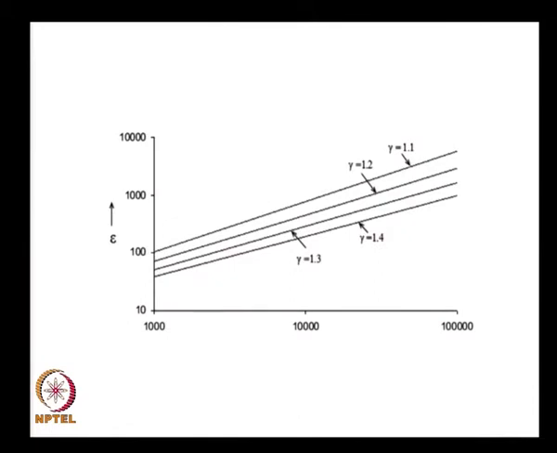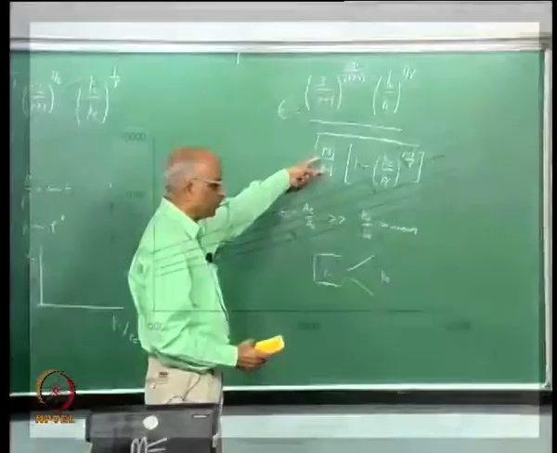Here again the value is PC by PE as a function of the area ratio. You find that as gamma decreases, I need a larger value of the area ratio. In other words, if my gases have a smaller value of gamma, then I need a larger area ratio to give me the same value of pressure ratio. I think this is all about area ratio, but please go and check for this expression and correct it.